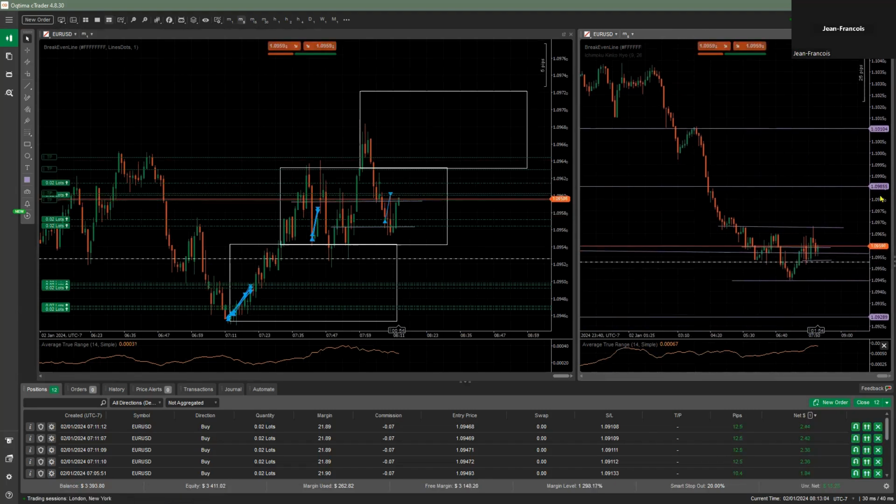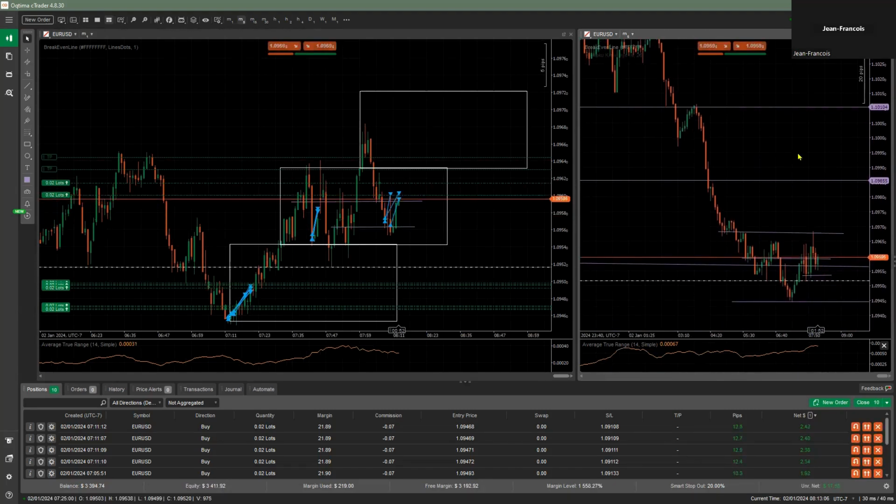So if you have the bias correct, the wind is in your sails. If you have the bias wrong, you're fighting, and the fight should be contained to chunks of 36 pips, right? So within these 36 pip chunks, there's a break even, and you can engineer that break even.